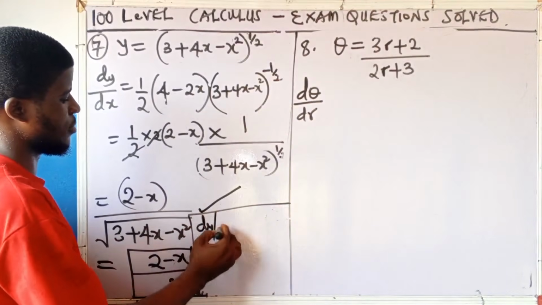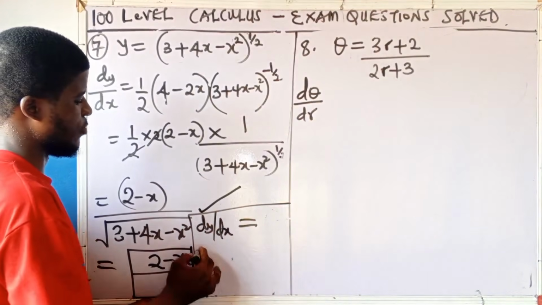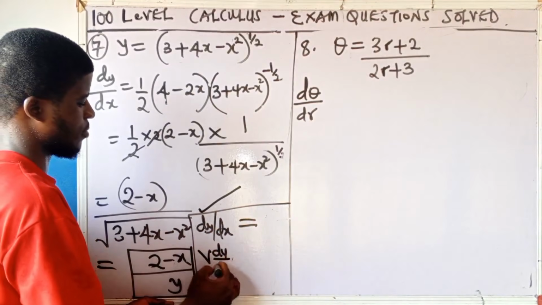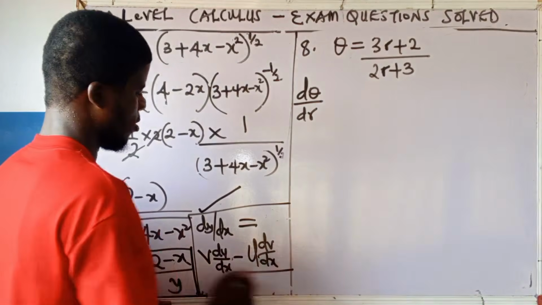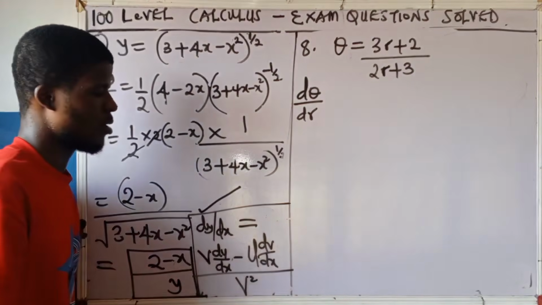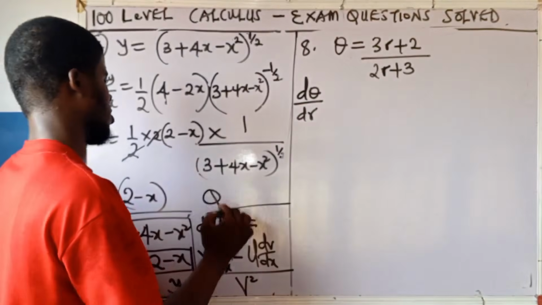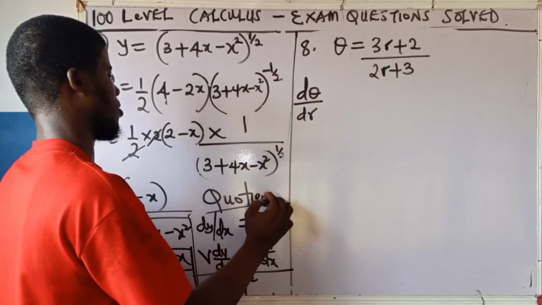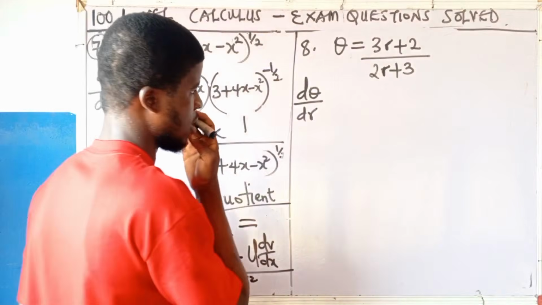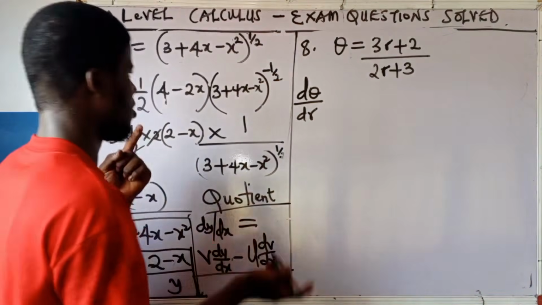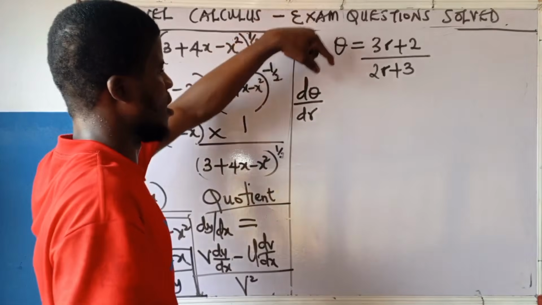dy/ds is equal to (v du/ds minus u dv/ds) all over v squared. Quotient rule. So instead of saying dy/dx, I will now be saying d theta/d arrow.